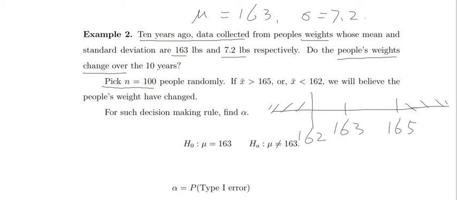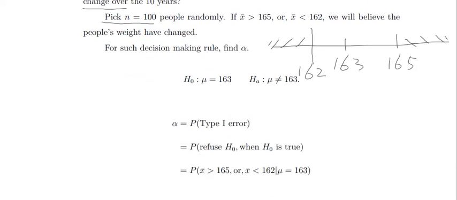Okay, so based on this decision making rule, we want to find alpha. What is alpha? Alpha is the type one error. We remember alpha is refusing H0 when H0 is true. We don't believe it, we refuse, right? So refuse H0. This range between here is accept H0.